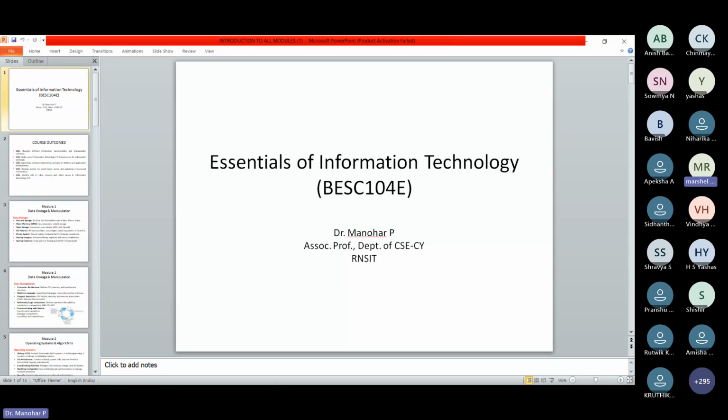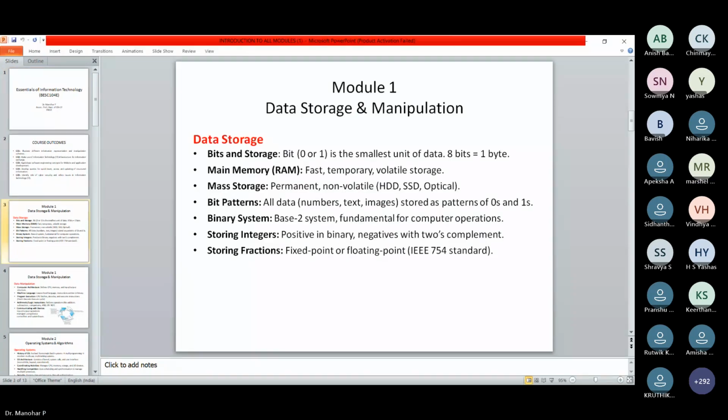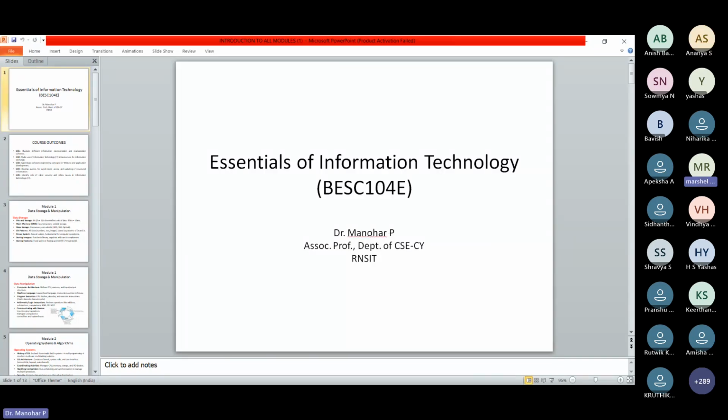Just move your slides also, I'll verify if it is moving or not. If you can go to the next slide, I'll let you know if the slides are moving or not, sir. Okay, now? Yes, they are moving, sir. You can start, I think. Okay, fine. Thank you.